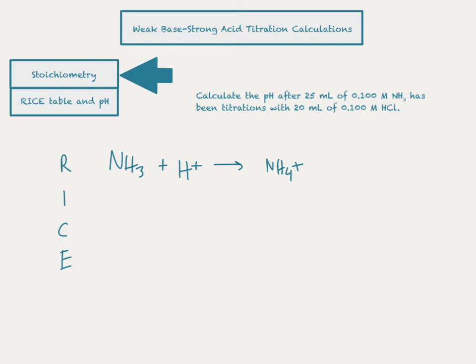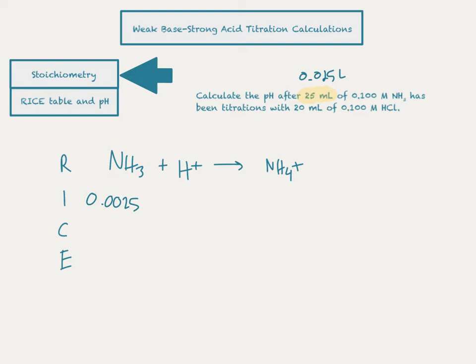So, we'll take the 25 milliliters of the ammonia, which honestly is the same thing as 0.025 liters. And we'll multiply that by 0.1 to get 0.0025 moles for starting ammonia.